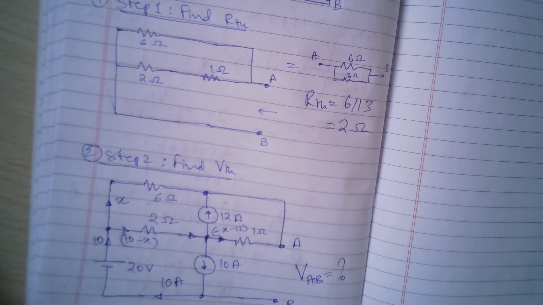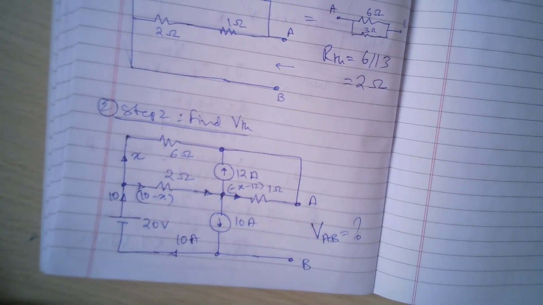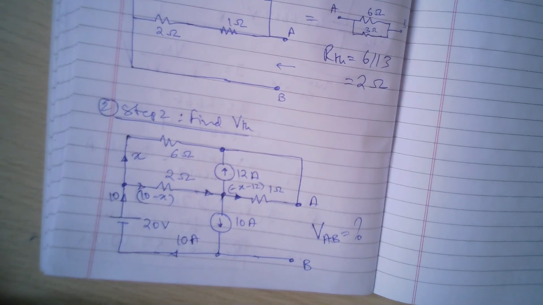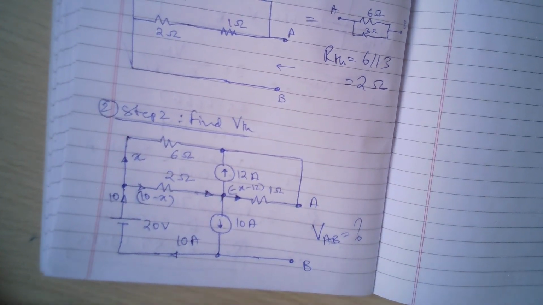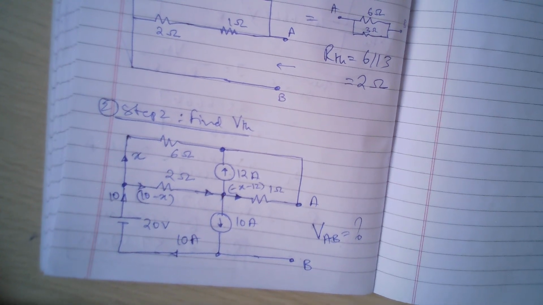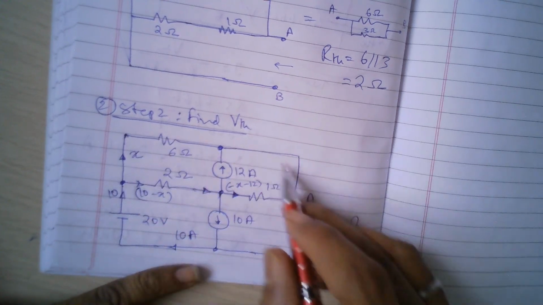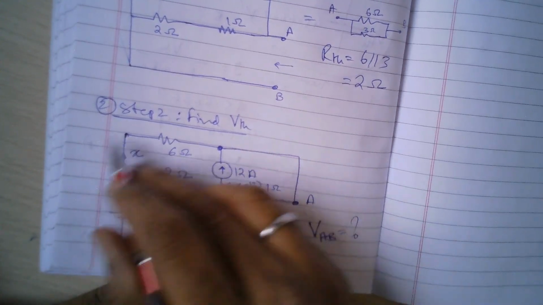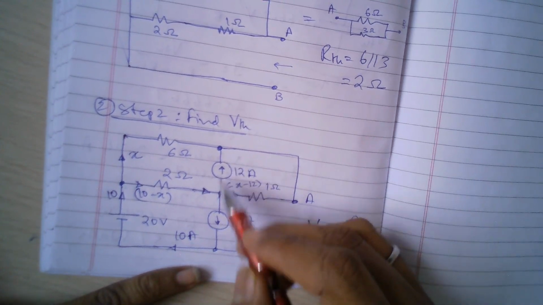Okay. So now in order to find out VAB, I can find what is VAB. But in order to exactly know what is this X, we need to apply Kirchhoff's voltage law across one particular loop, and the loop that will help us is this loop. Okay, so the top loop, outside loop. So we cannot apply KVL through the current source because we don't know what is the voltage on this.